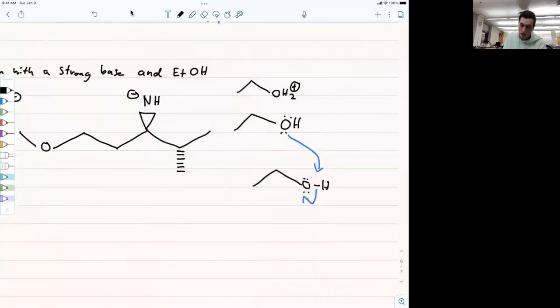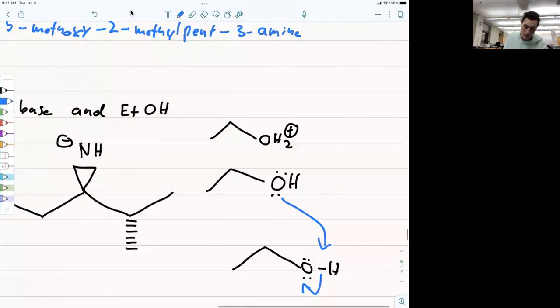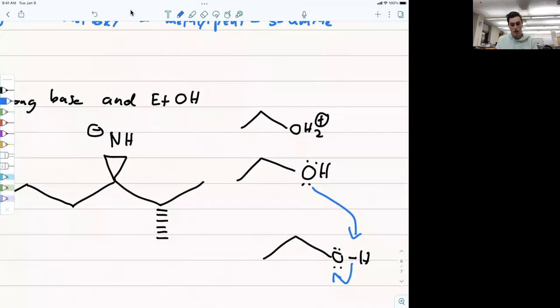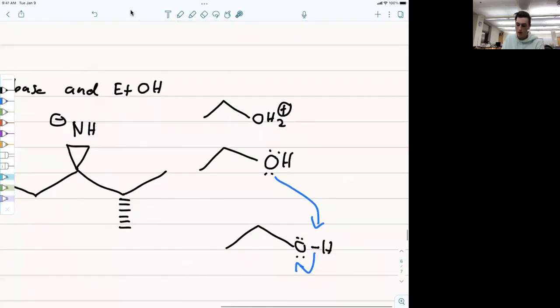Now we have our good leaving group and our nucleophile. This is also going to be an SN2 reaction because I have my strong base, my strong anion, and I have my good leaving group, and this leaving group is primary.